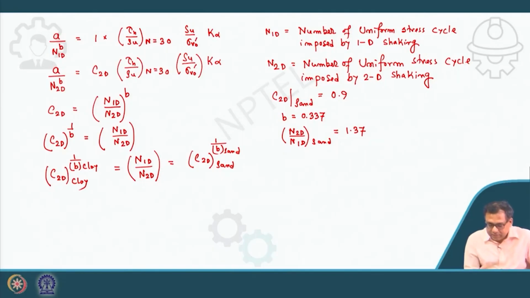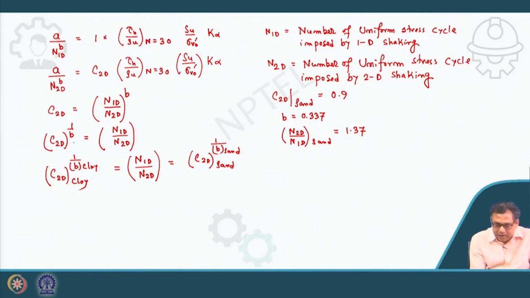But this expression is same, that I can use for sand, I can use for clay also. Whether it is sand or clay, this ratio will be same. Only difference is that C2D for sand is different as compared to C2D for clay, and B of sand is different as compared to B of clay.